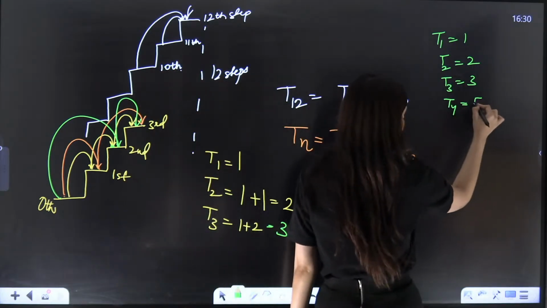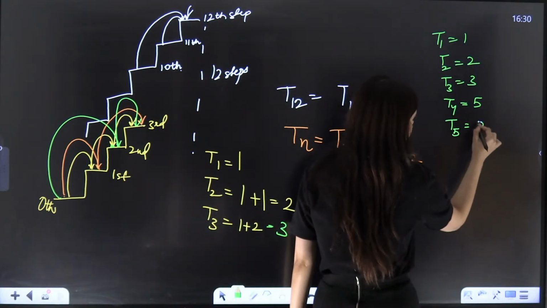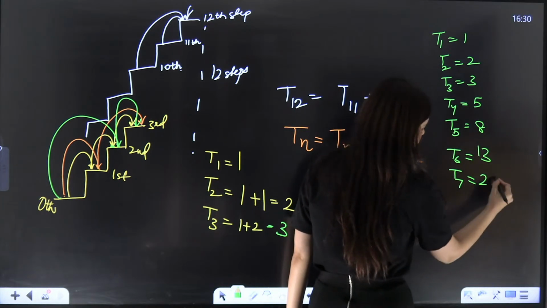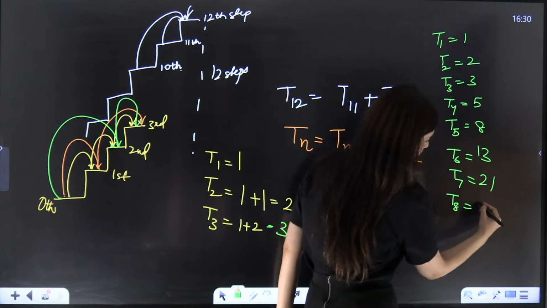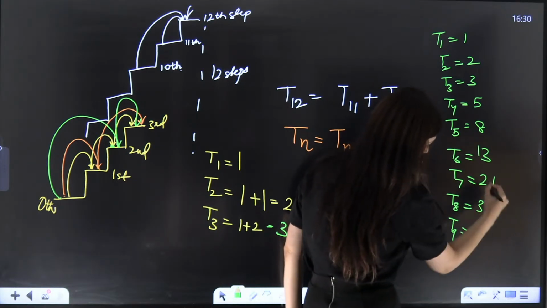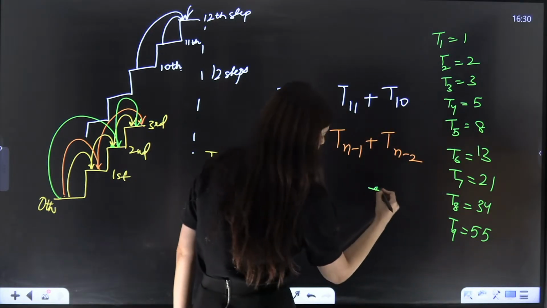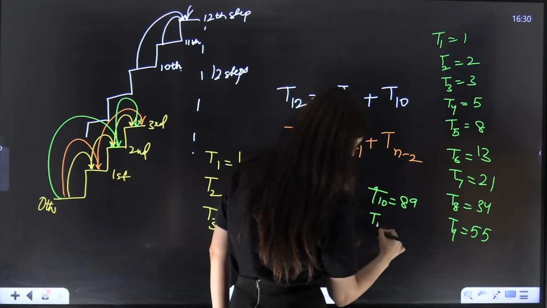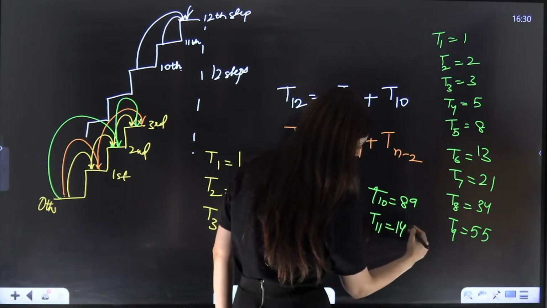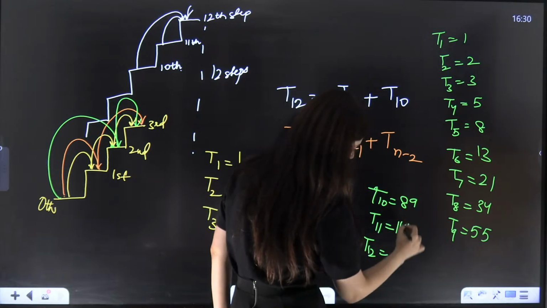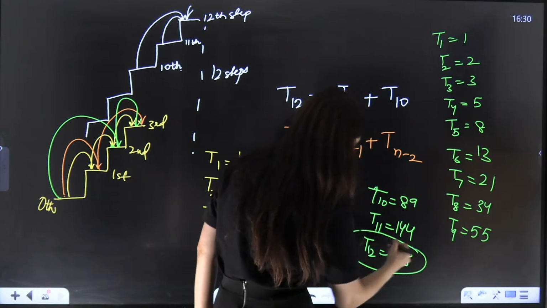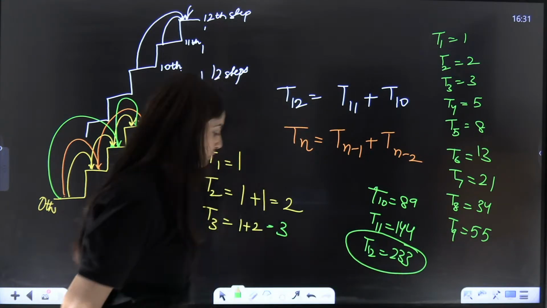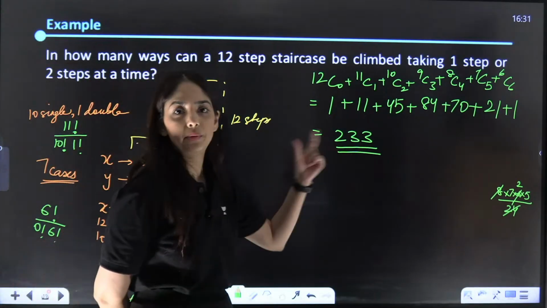So 2 plus 3, 5, t5, 3 plus 5, 8, t6, 5 plus 8, 13, t7, 8 plus 13, 21, t8, 13 plus 21, 34, t9, we add these, then t10, we add these two, so 89, and t11, 144, t12, 233, which is what we were counting. How many ways of reaching the 12th step are there, which is what we found in our previous method as well.